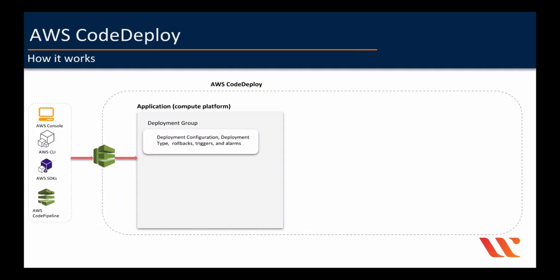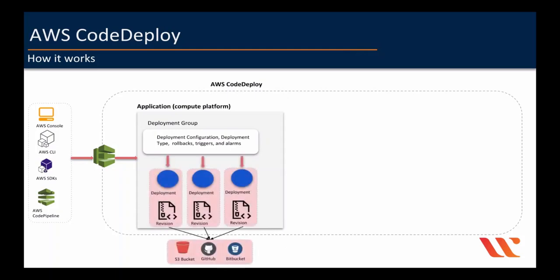With a deployment group, we configure deployment configuration, deployment type, rollbacks, triggers, alarms, etc. And then, based on this deployment group, we can create multiple deployments and point each deployment to a specific revision, which is nothing but the code which we are going to deploy, which could be in an S3 bucket or GitHub or Bitbucket. So once we create a deployment, CodeDeploy will start the deployment based on the configuration.